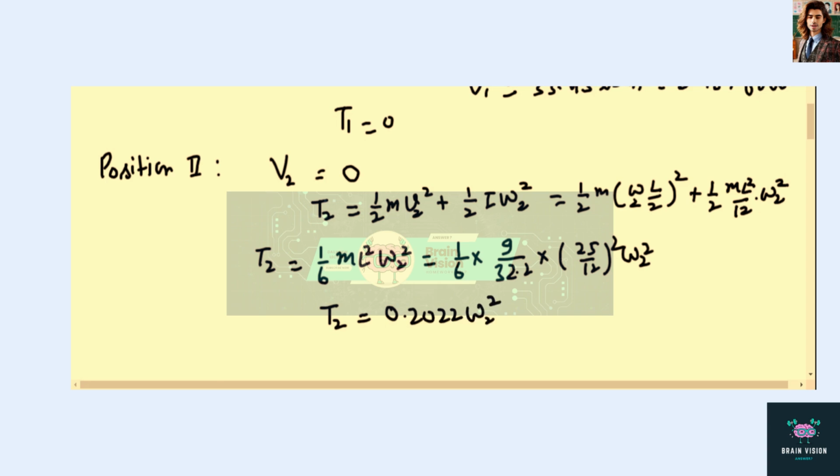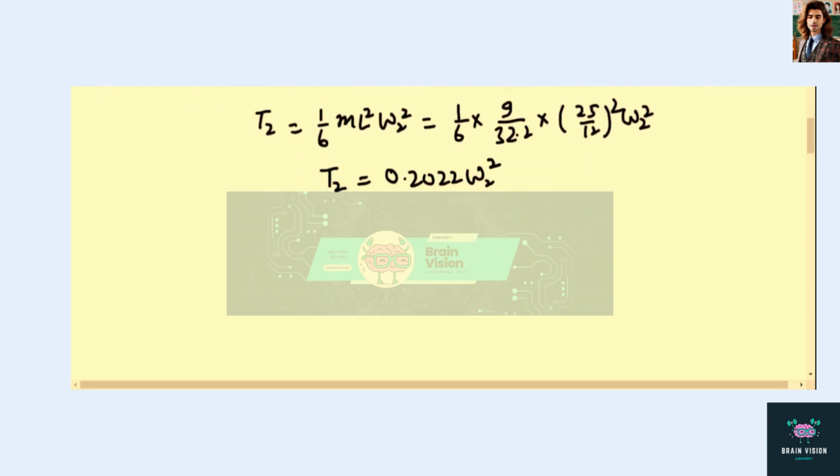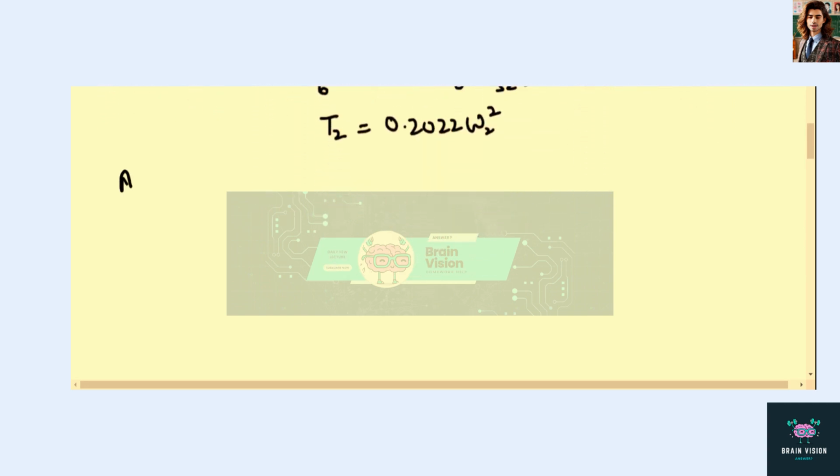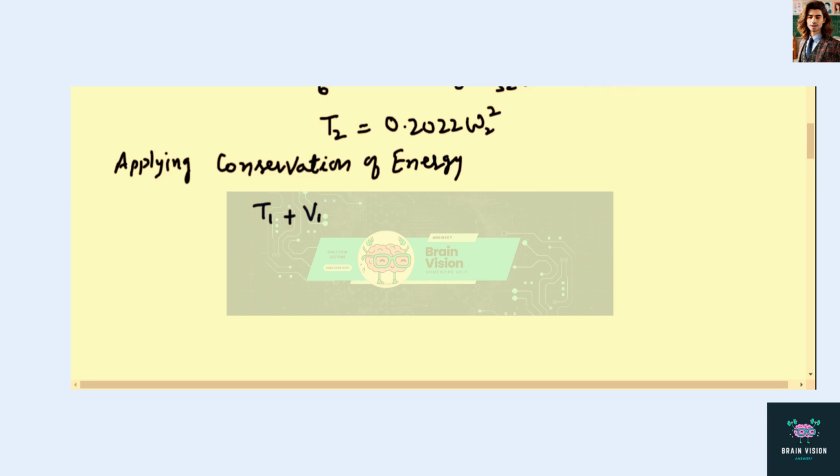Now applying the conservation of energy. Sum of kinetic energy and potential energy in position 1 is equal to sum of kinetic energy and potential energy in position 2.